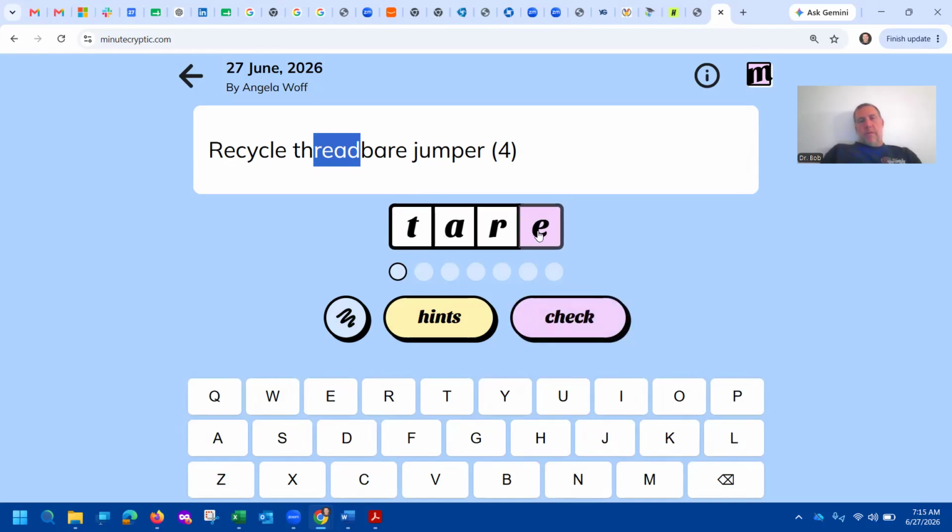Tear, thread, the jumper across threadbare as 2 words would be adba. That's not a word. I mean, there's nothing I'm seeing. If I click on definition, I think I'm going to get either recycle or jumper.